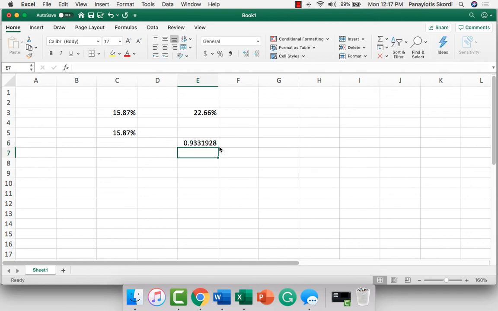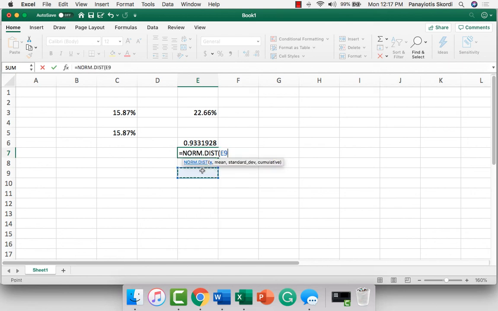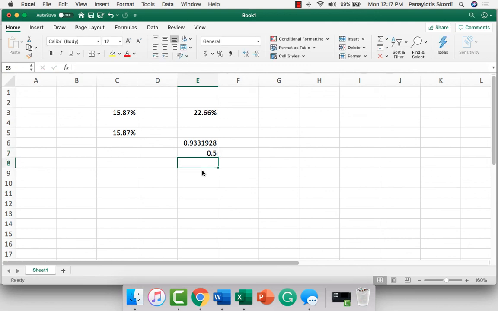Then from that we need to subtract norm.dist of 320, 320, 20. Any ideas what this second value is going to come to? Is that going to come to 50%? Yeah. And let's take the difference. You could have done this in one go, it's up to you.